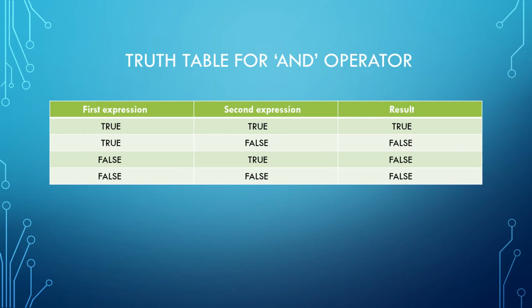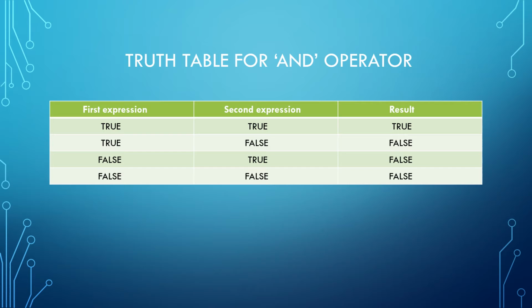Coming to truth tables. First, let me show you the truth table for the AND operator. If there are two expressions, if the first expression is true, second expression is also true, the result will be true. If the first expression is true, second expression is false, the result will be false.